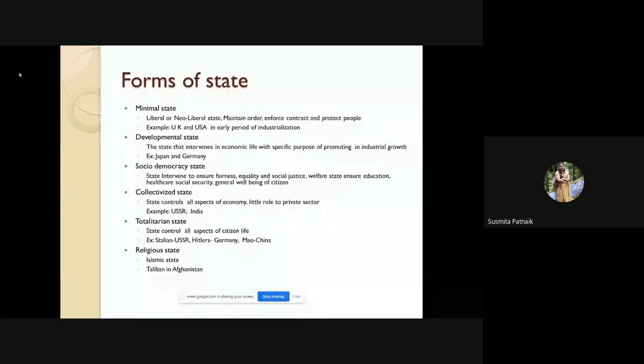Here we can take the example of the USSR and also India after getting its independence. Here what will happen? There will be no scope for the private sector, and everything is owned by the government. It means that the government tries to take all the associations and all the sectors in its own hand.